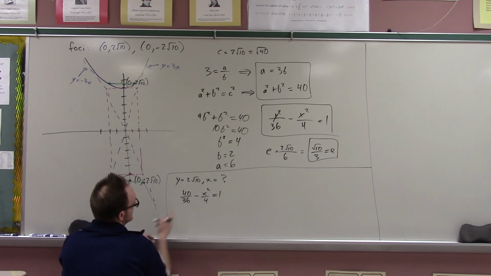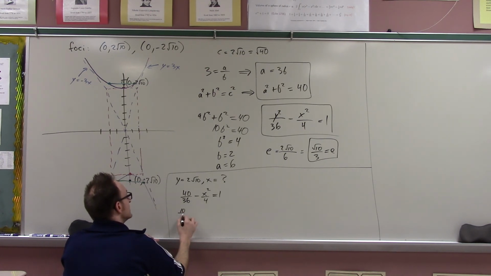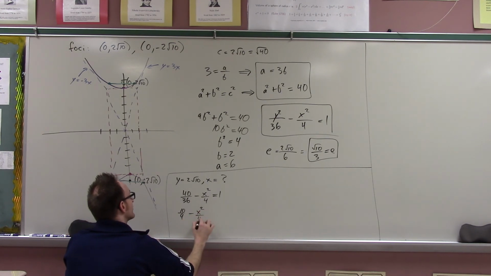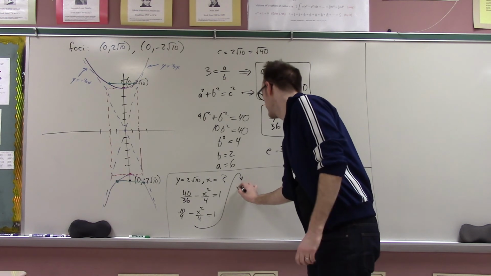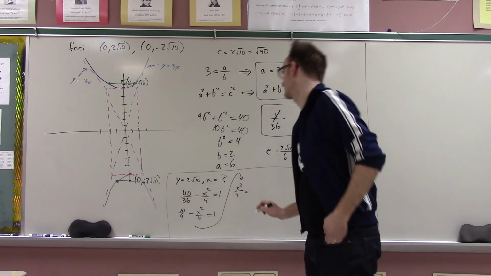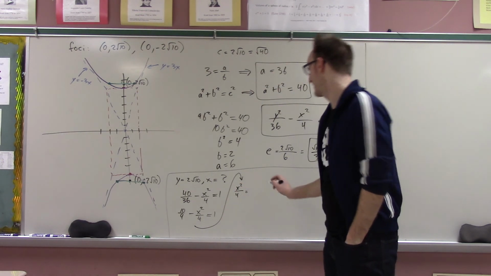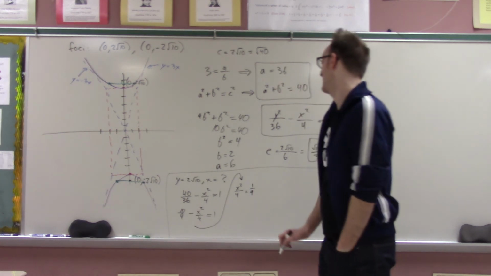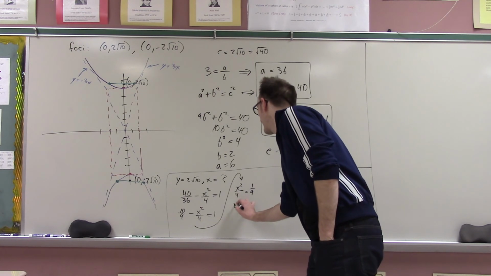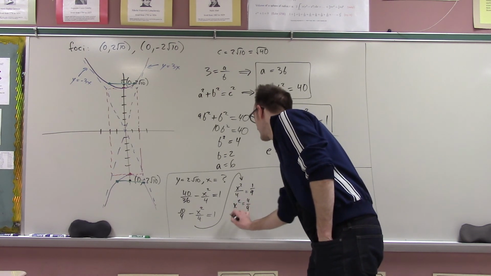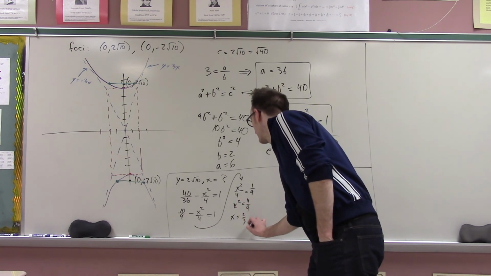And I could just finish this off, right? So what is that, like 10 ninths? So 10 ninths minus x squared over 4 equals 1. And then that means that x squared over 4 is 1 ninth, and so x squared is 4 ninths and x equals 2/3.